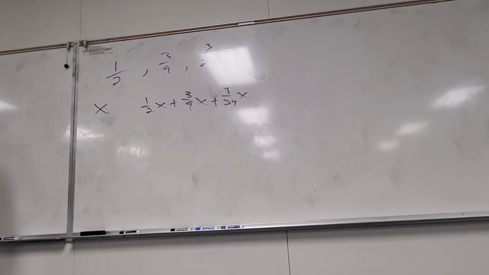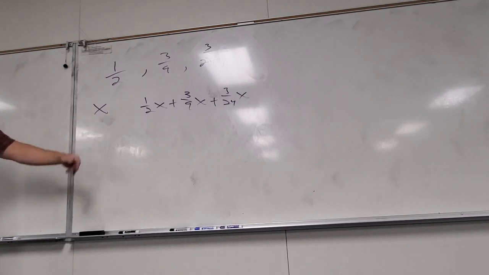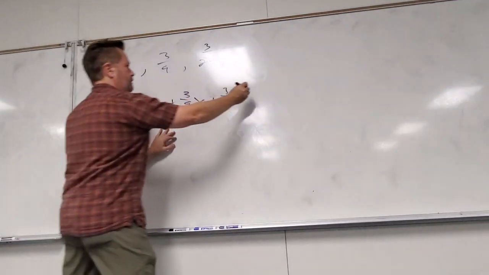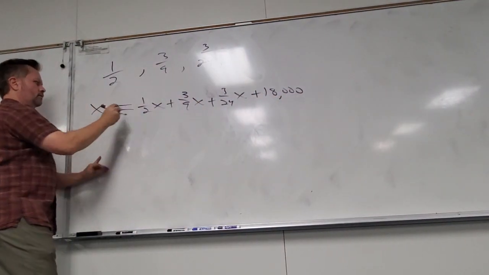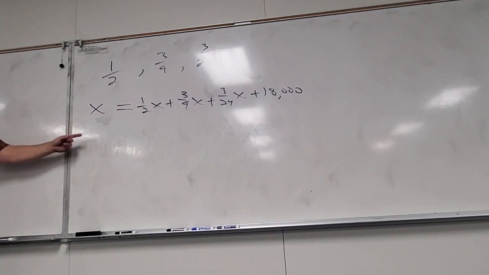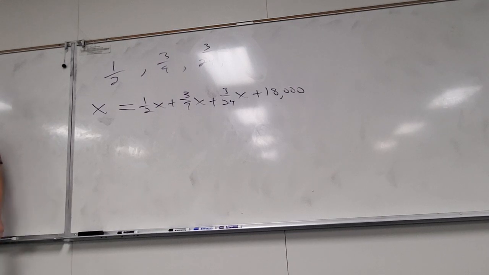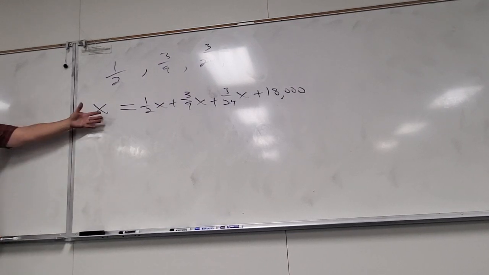What else do I have to add to that to make it become X? 18,000, that's what's left, correct? So if I add 18,000 to this, that becomes the full amount. Do you see that? By the way, this is not the way I did it, but this is a way you can do it. And then you do algebra to it, right?